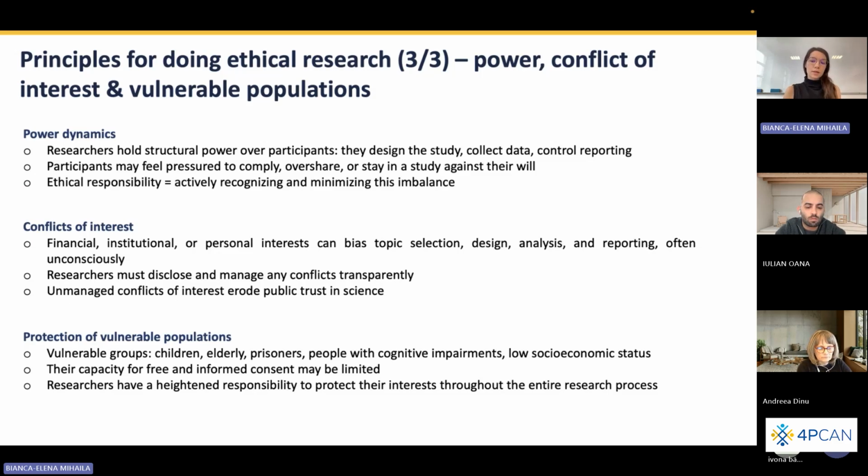And of course, as researchers, we need to be aware of how we collect this data, and to ensure that with these types of participants we conduct the analysis and the research in a very ethical and very objective way.